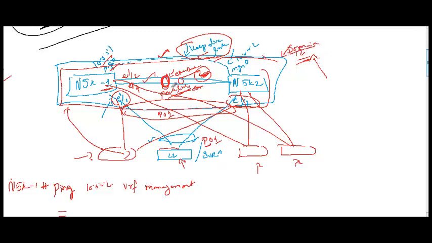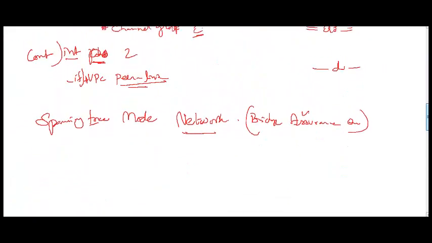Because with a single ether channel, there is no need for STP here anyway. So bridge assurance gets enabled automatically when we define it as a peer link.